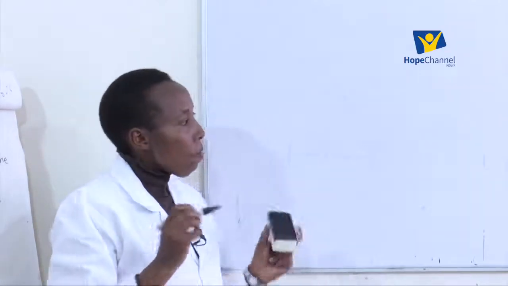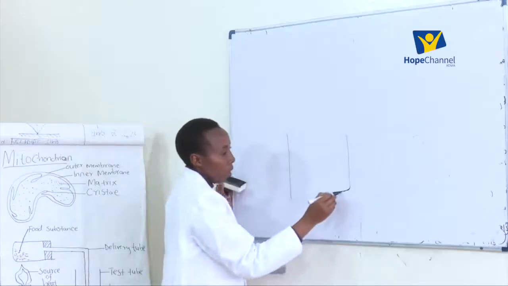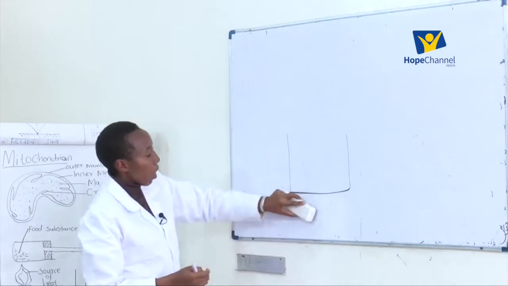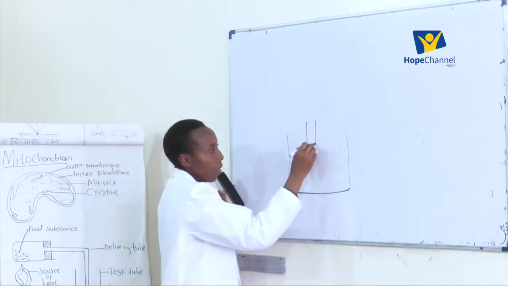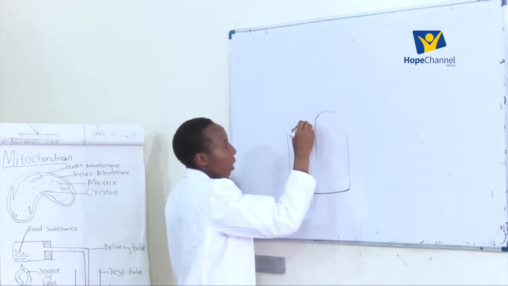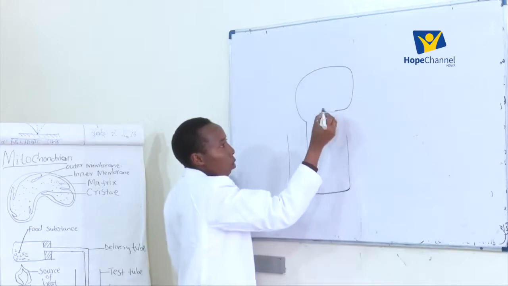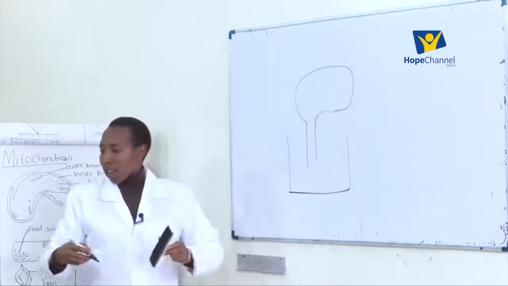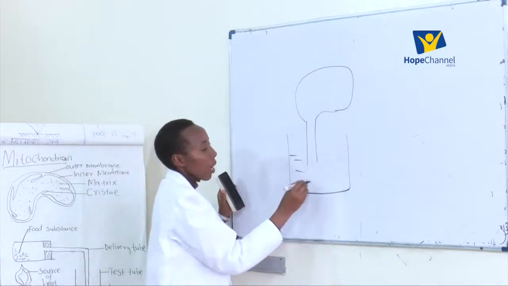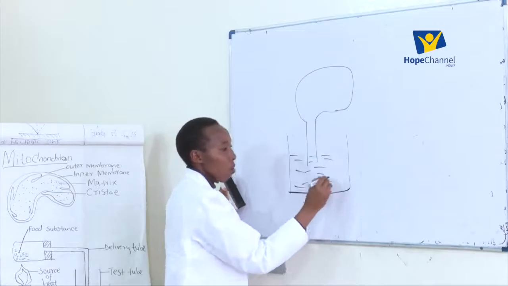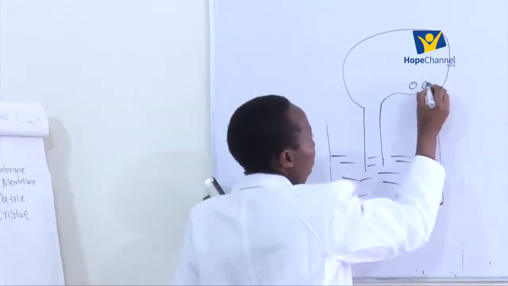Like now, if I give you such a setup, I'm going to draw a setup, and in this setup, I'm going to ask you a few questions just to test what you have learned. It's not always that we are going to ask what is respiration, what are the types of respiration. We can also have application questions, but still testing the same idea of what we've learned.